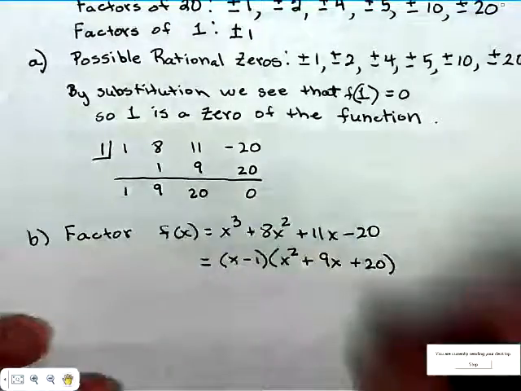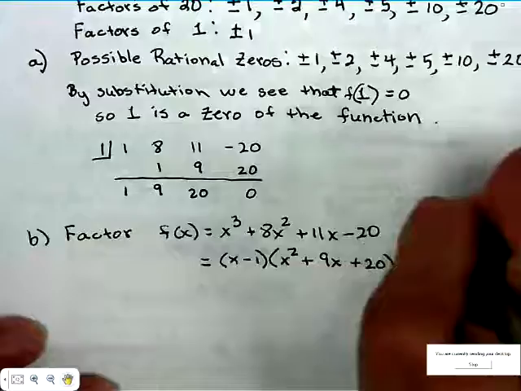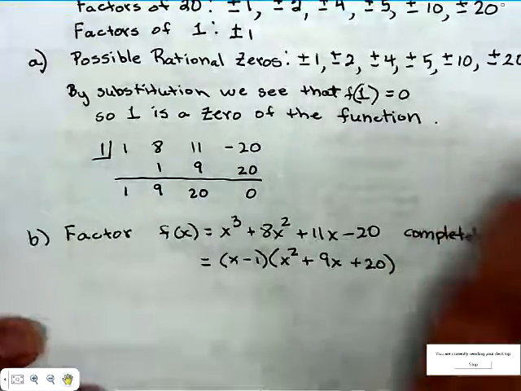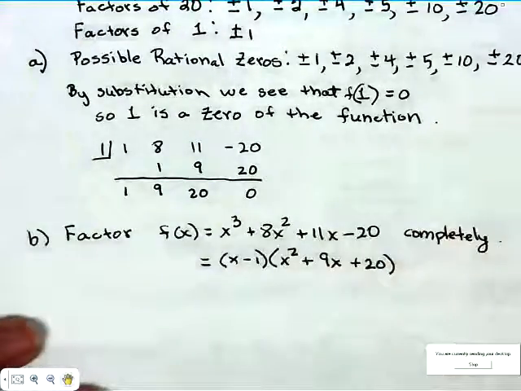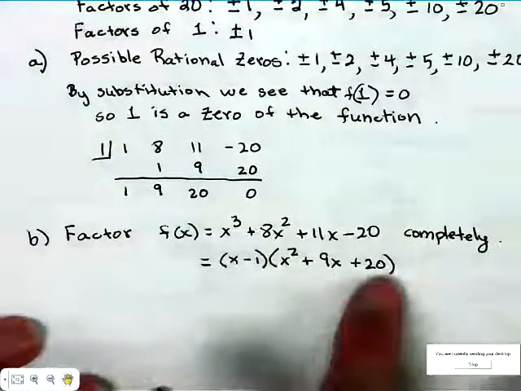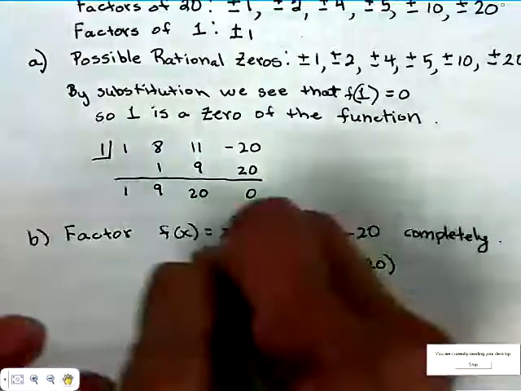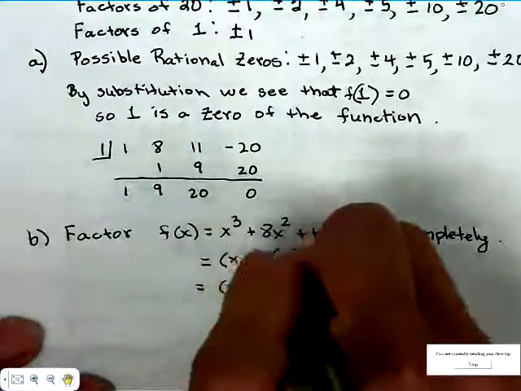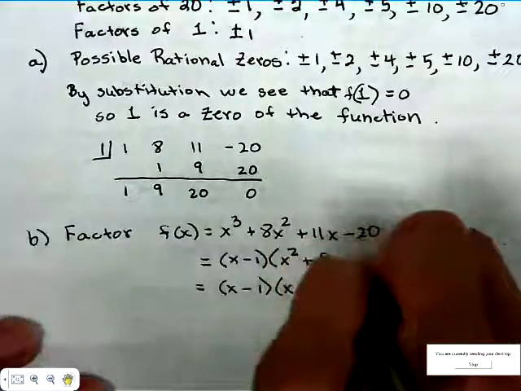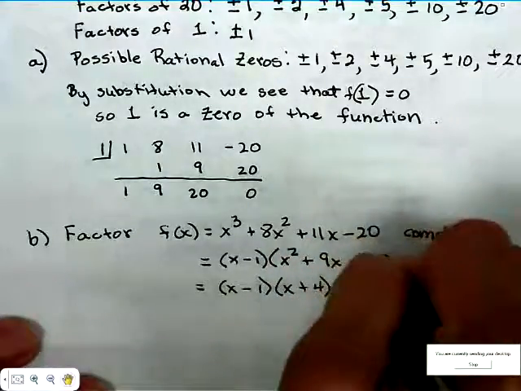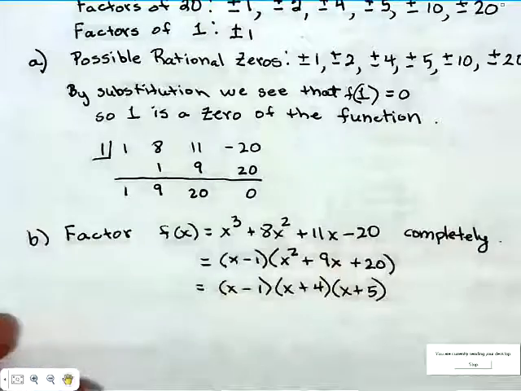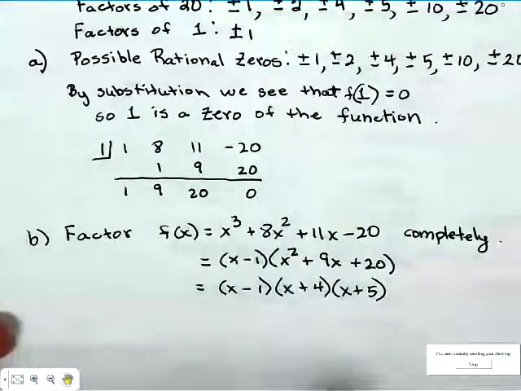But actually, the directions say factor completely, factor as far as it will factor. That will factor further. It's the easy kind of trinomial. There are factors of 20 that have a sum of 9. So that factors into x plus 4 times x plus 5. And that's the answer to the B part.